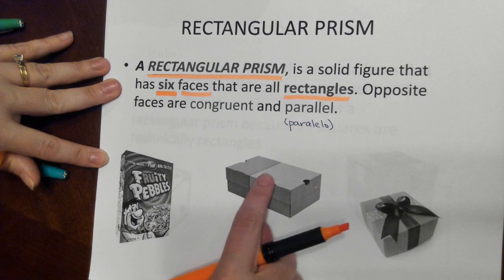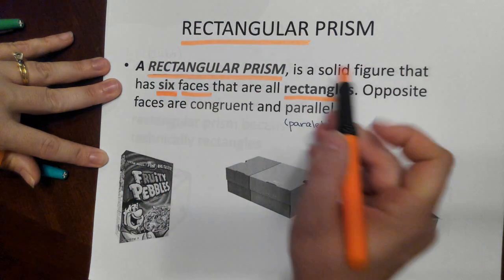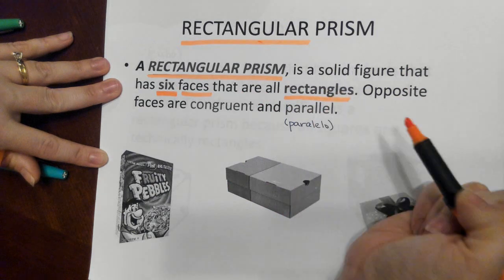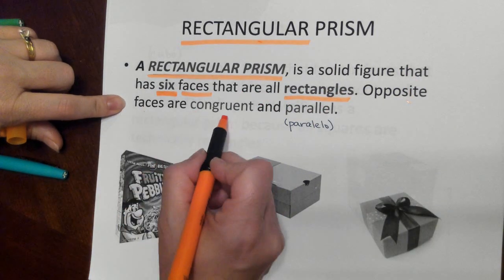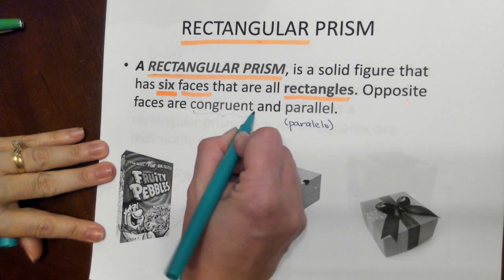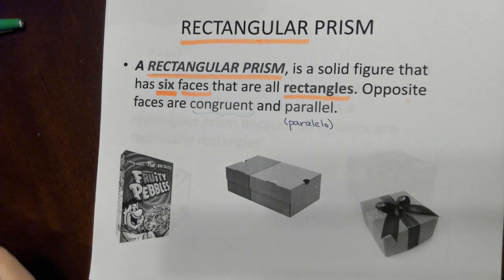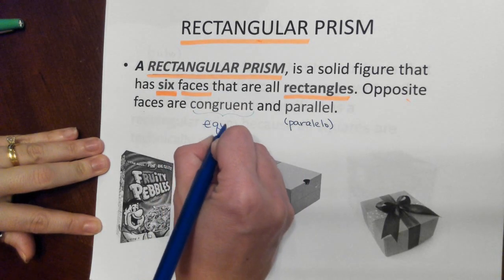This one, because all the sides are rectangles, it's a rectangular prism. Opposite faces are congruent. Remember, congruent means equal.